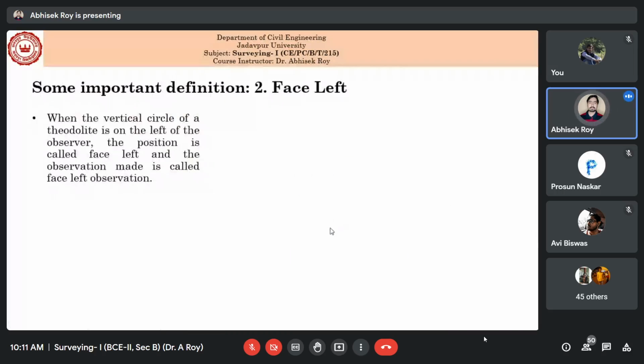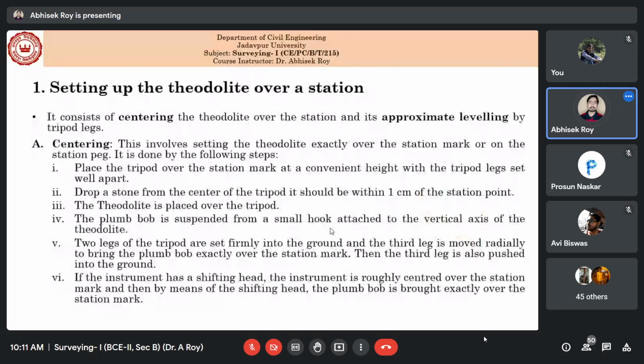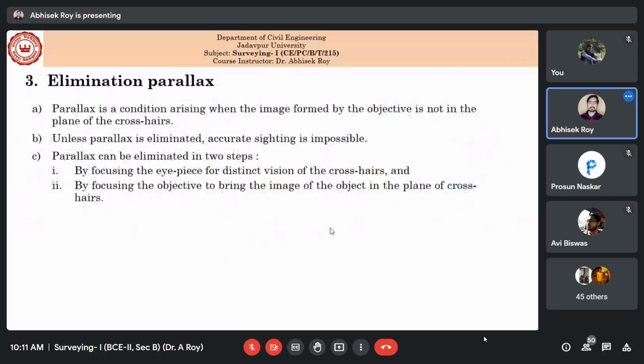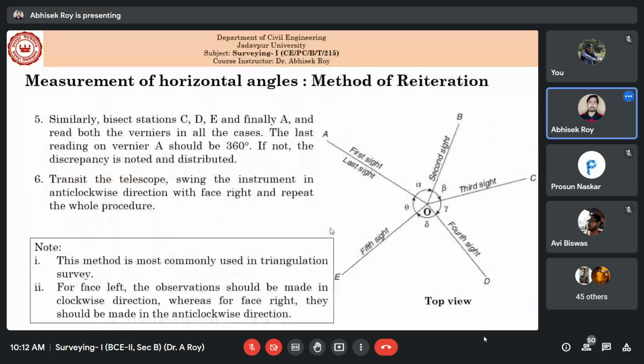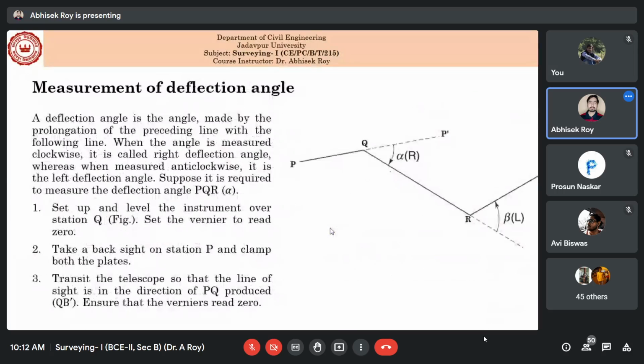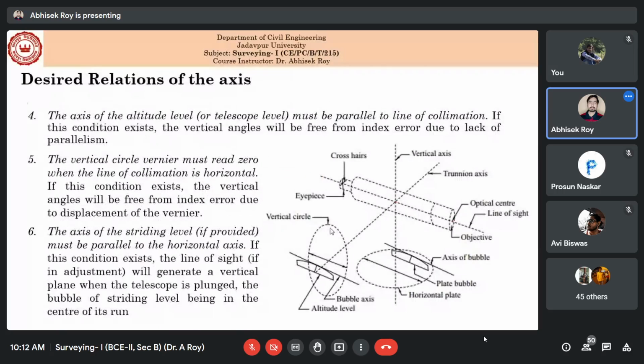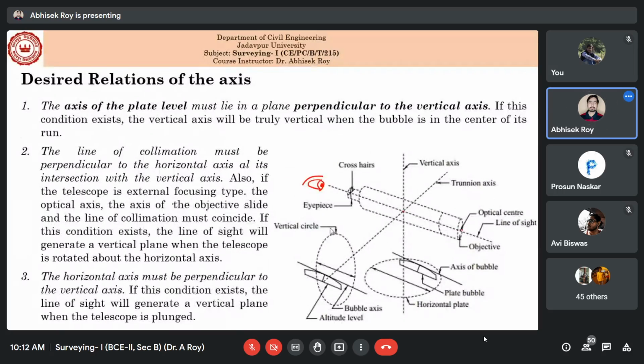So let us go to that slide again. Yeah, so you can see this is the trunnion axis, this is the line of sight or line of collimation, and this is the vertical axis.